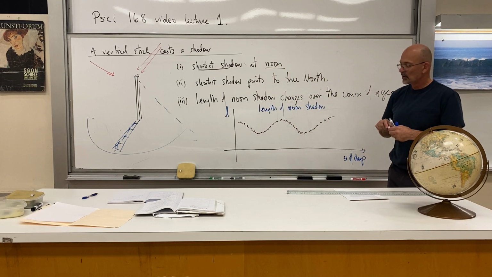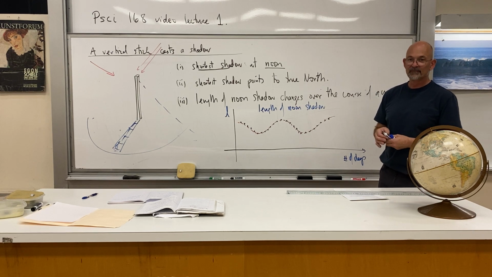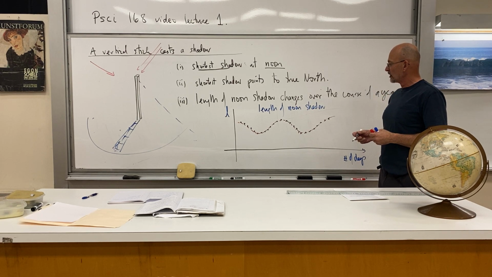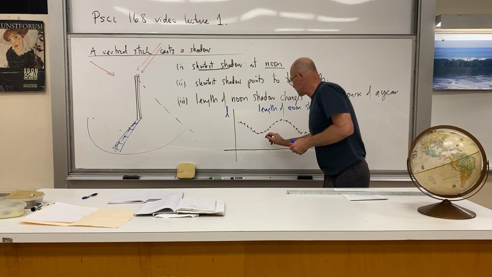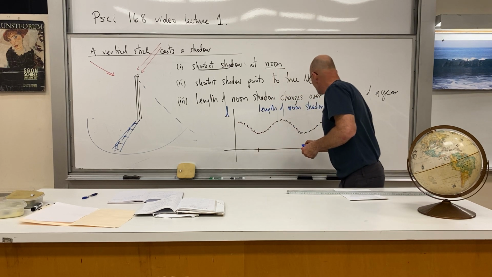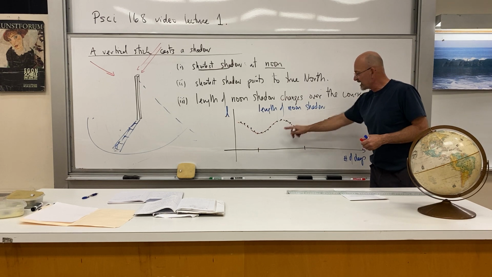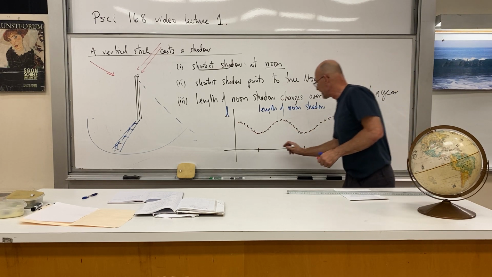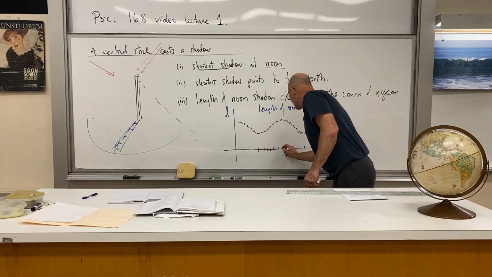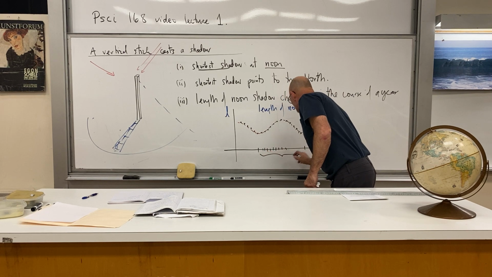And now, what is 1 year? 1 year would be, say, from there to there. Could either be peak to peak or trough to trough. And then we had a bunch of days here, and we added them all up.